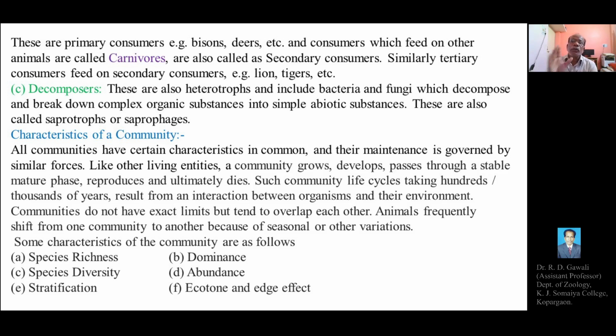Every community grows, develops, passes through a stable, mature phase, then reproduces, and ultimately dies.